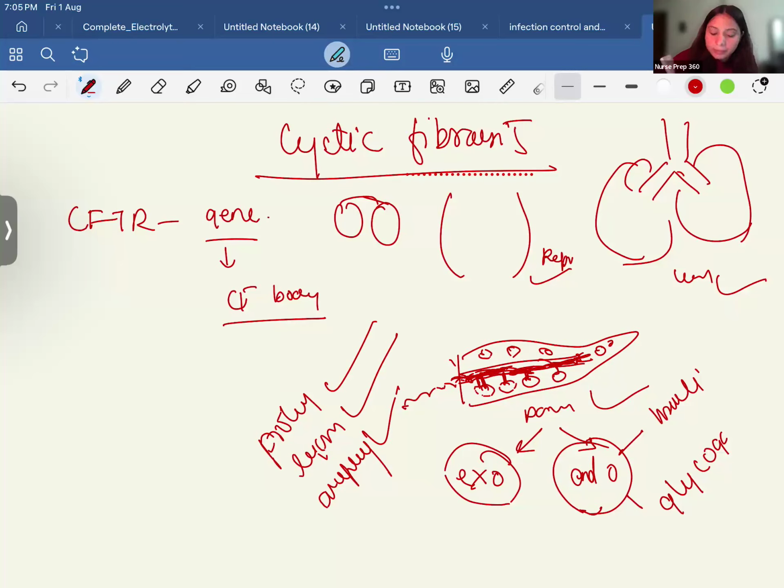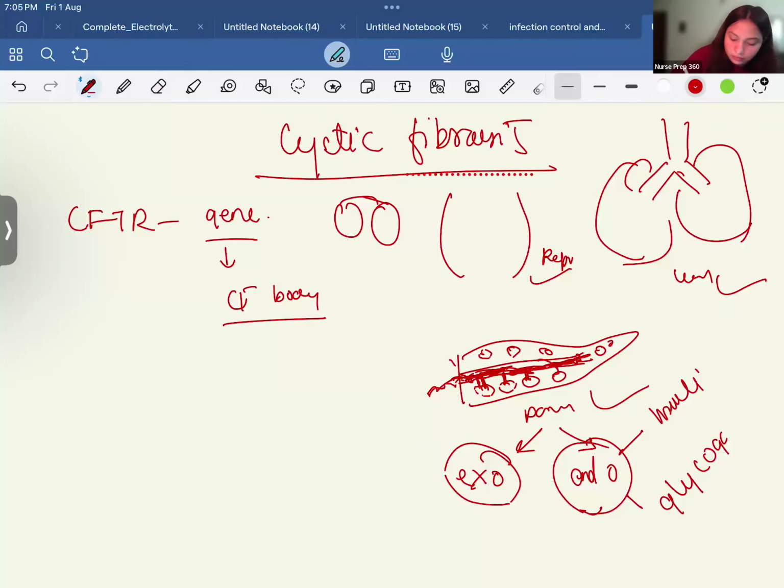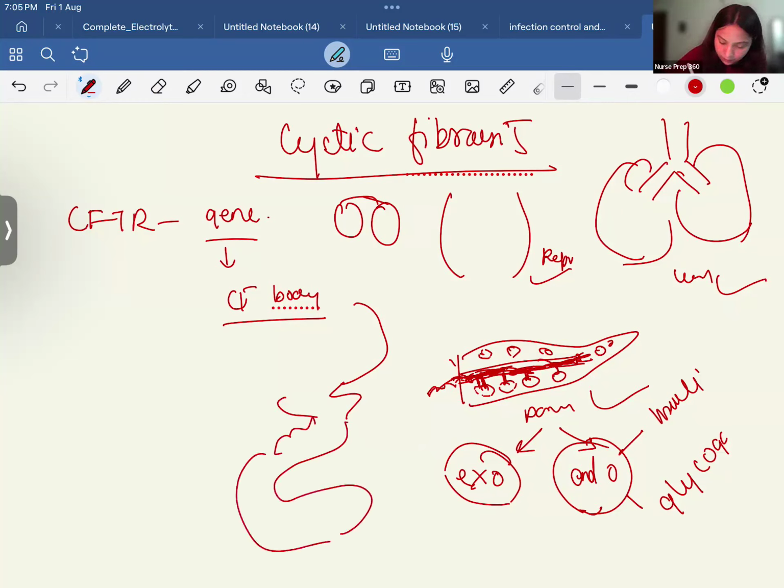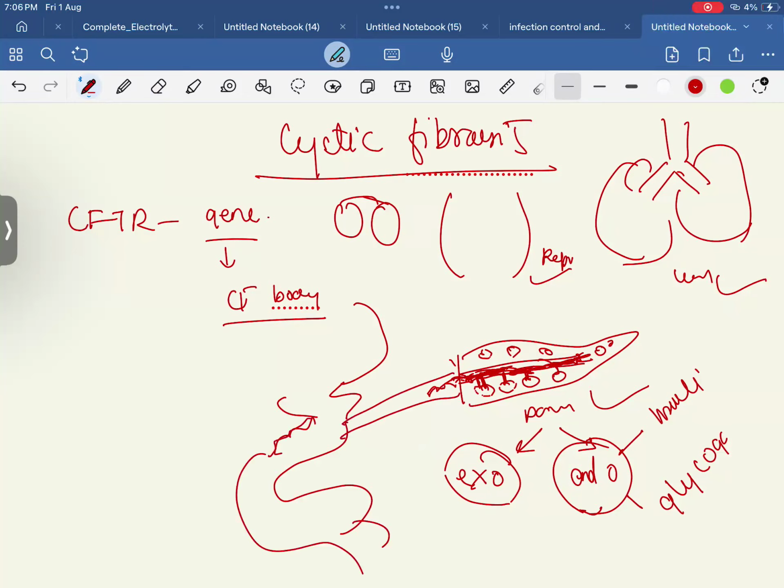Okay. So what will happen? Your body will pour this secretion into the small intestine. This is my liver, and this is my small intestine. Your small intestine is responsible for the digestion of your food.